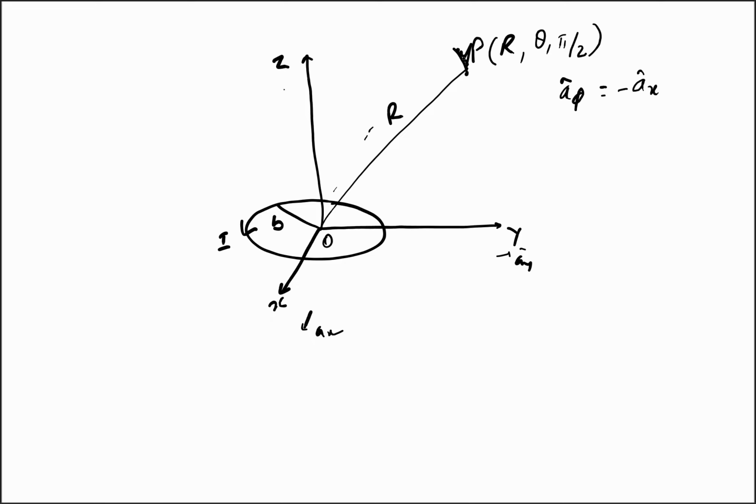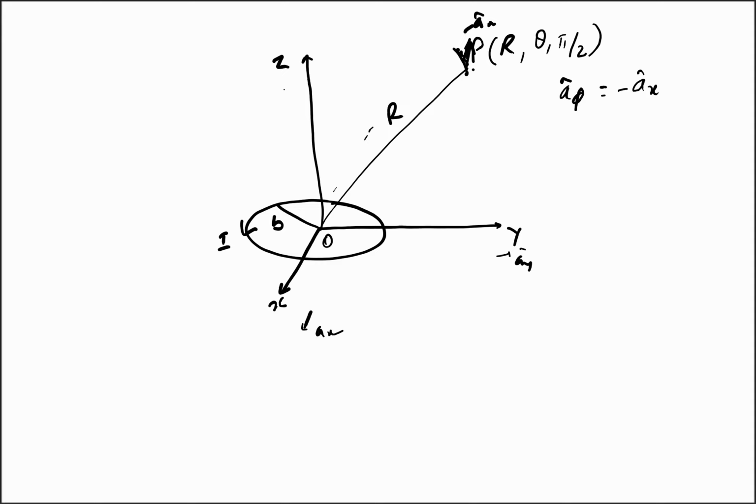So it will be in minus of ax direction, this a phi vector. You should try to imagine it, and if you are not able to imagine it, I suggest you watch my lectures on curvilinear coordinate system, that is both cylindrical as well as spherical coordinate system.